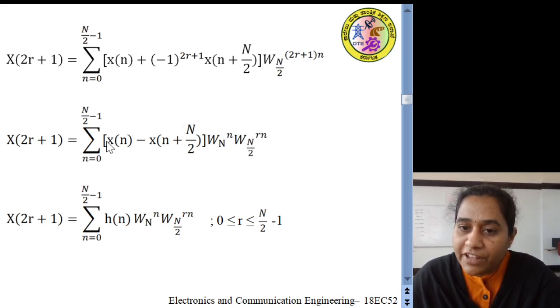And if we replace the terms in this bracket with h of n, we can represent x of 2r plus 1 as summation n varying from 0 to N by 2 minus 1, h of n into WN raised to the power of n into WN by 2 whole raised to the power of rn. This is for the value of r varying from 0 to N by 2 minus 1, so x of 2r plus 1 has N by 2 samples.